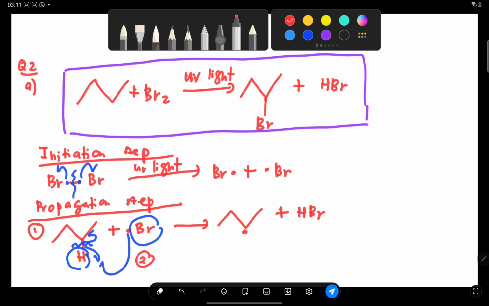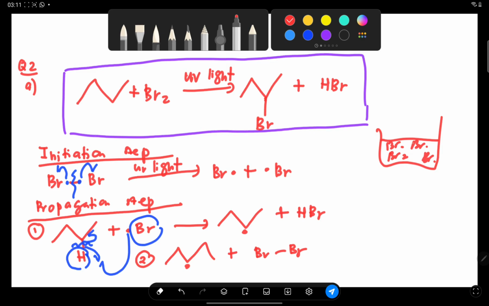This is step number 1, and then you proceed with step number 2. Step number 2 happens when you take this butane radical and react it with another bromine molecule that has not yet been converted to a radical. Imagine a container with a lot of radicals and also a lot of bromine molecules.